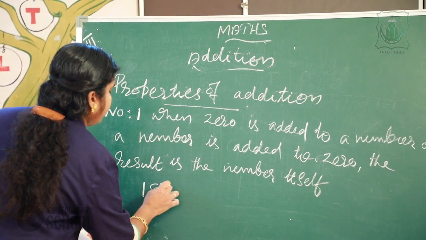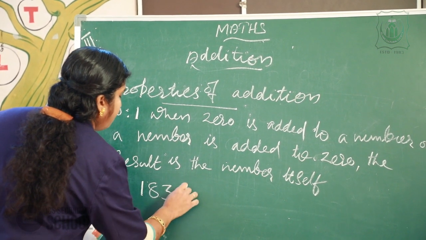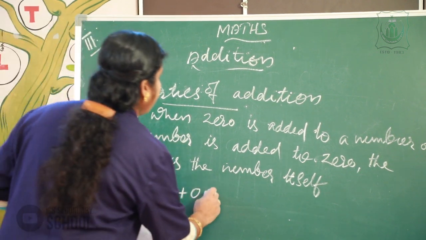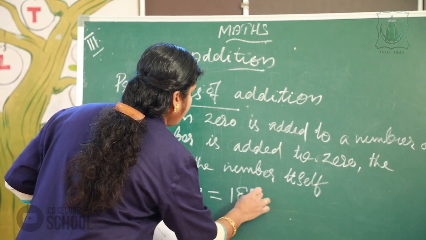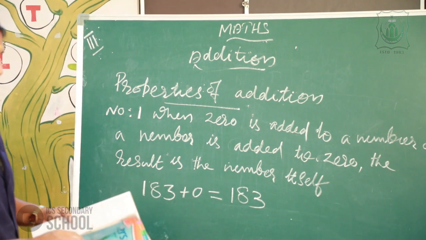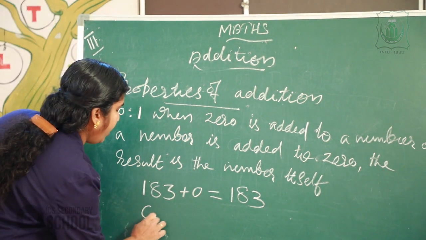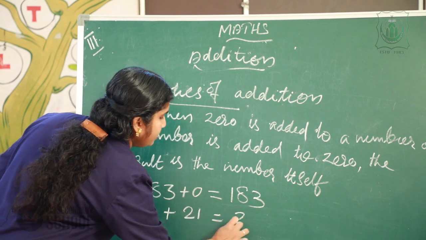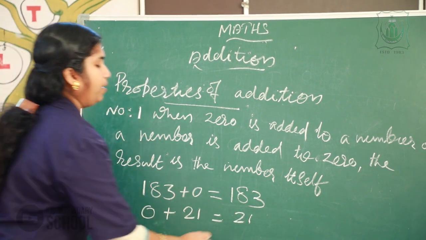183 plus 0, we get the answer 183. Okay. The 0 added to a number 21, we get the answer 21.